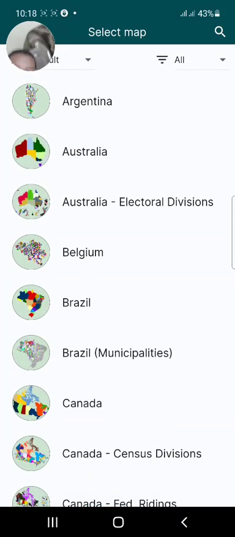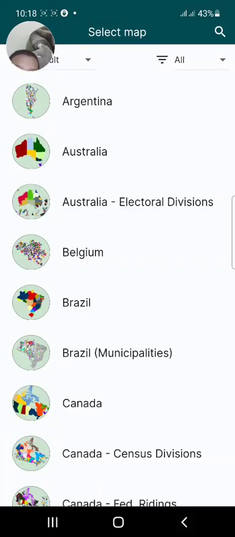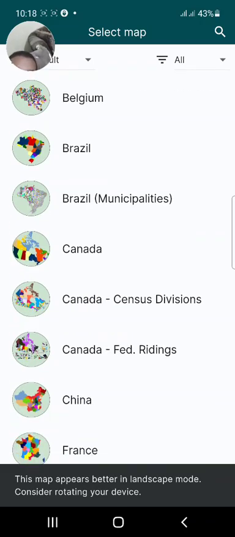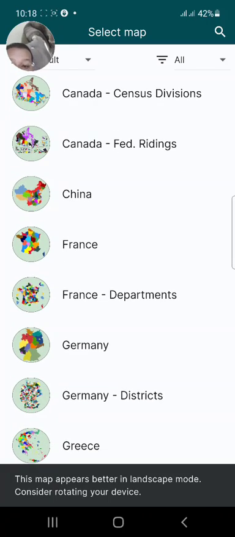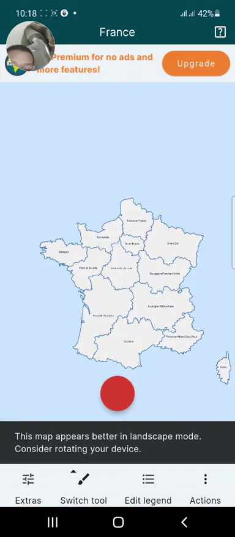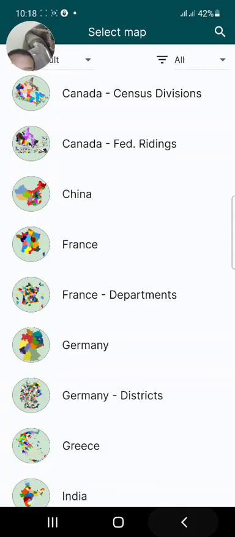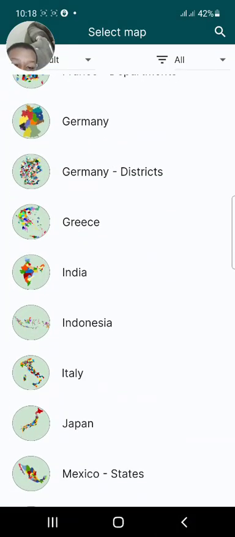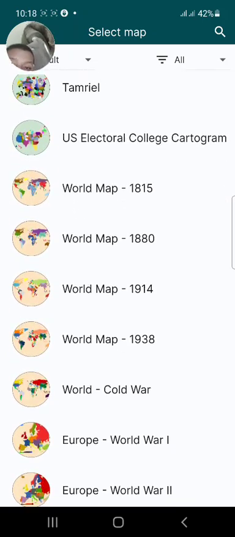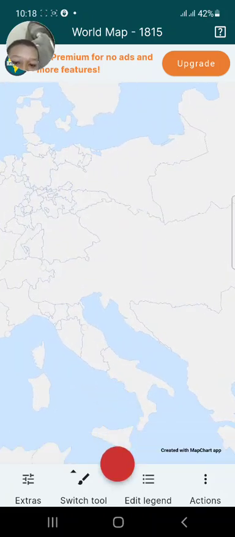Belgium, Brazil's municipalities, Canada's census divisions, Canada's federal ridings, China, France, France's departments, Germany's districts, Greece. But to just cut the rambling, let's cut to the more important maps, like this one of 1815.